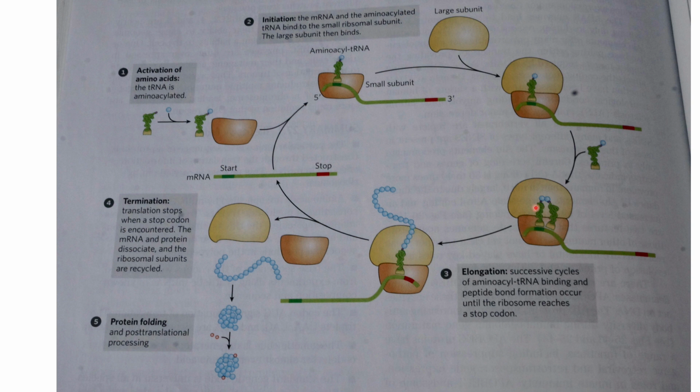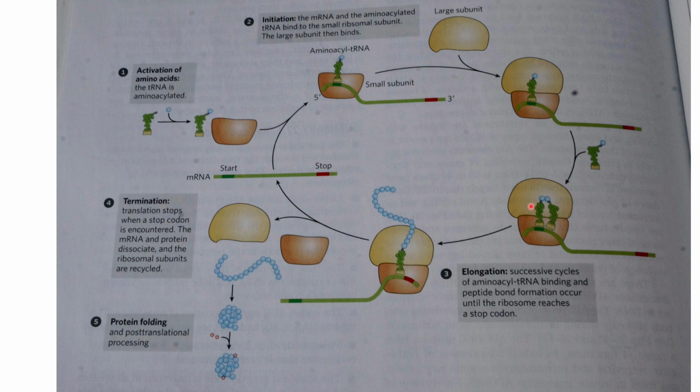This is relatively stationary. These protein moieties move along here. As a new codon occurs, another transfer RNA with its amino acyl linkage occurs, and you get peptide bond formation occurring until the ribosome reaches a stop codon.